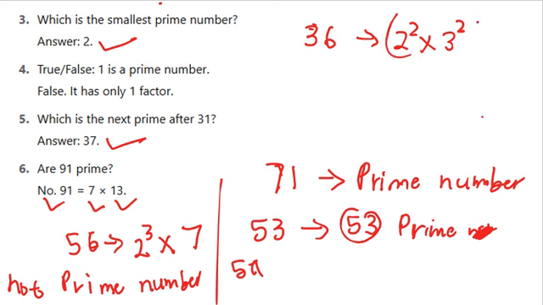Since you get more than two numbers, 2 squared means there are two twos, there are even more factors, and that means this is not a prime number.